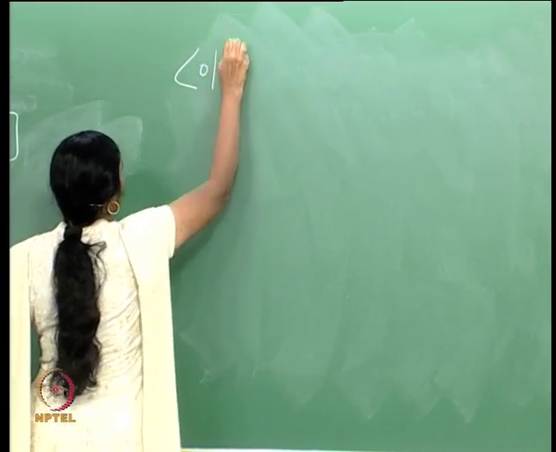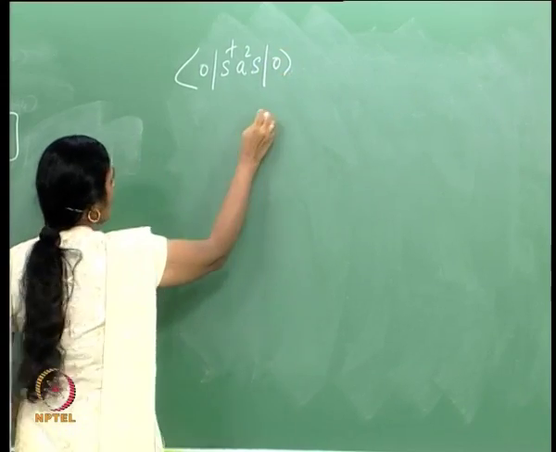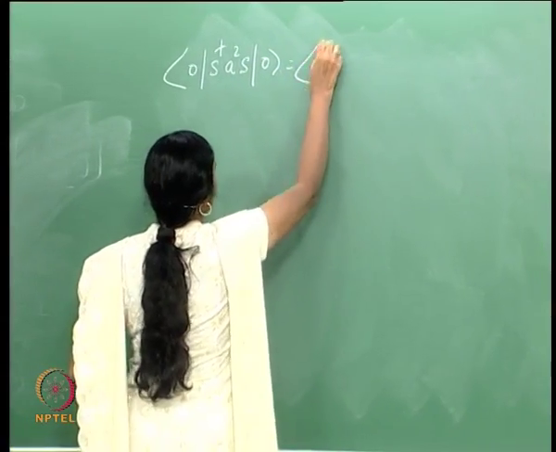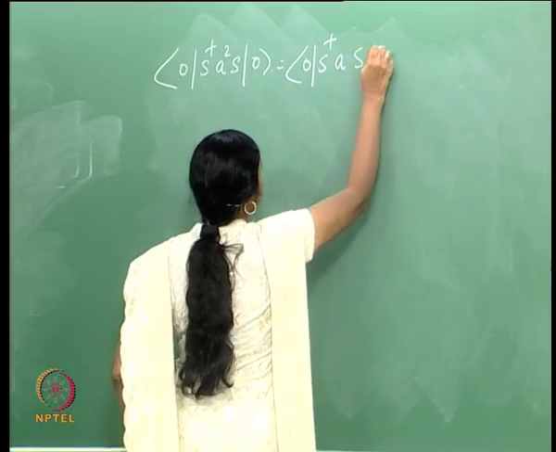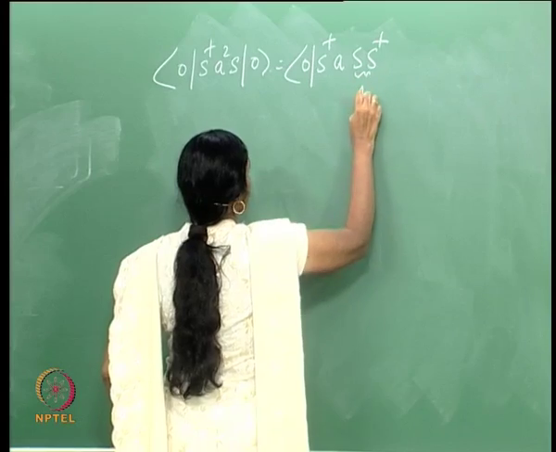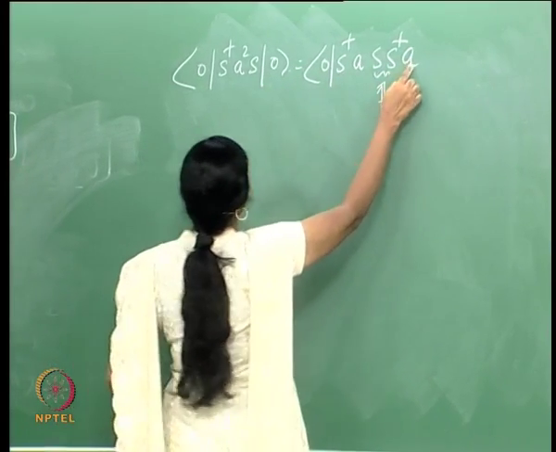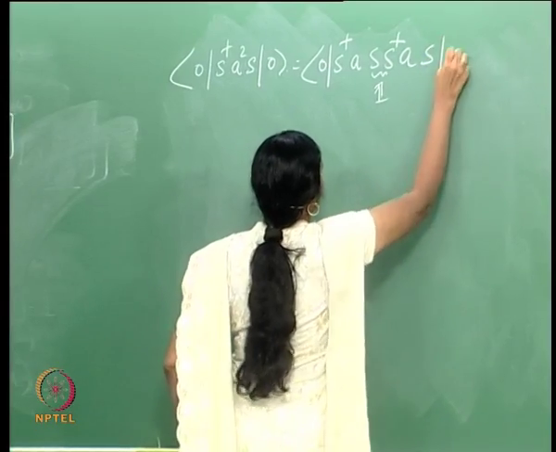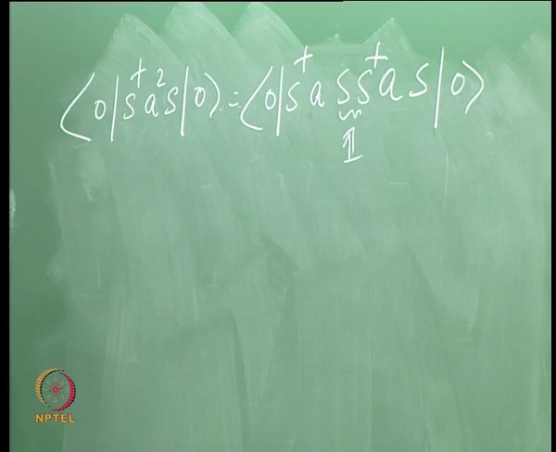Now, 0 S dagger A squared S acting on ket 0 can be written as 0 S dagger A, and I can insert an S dagger S because this is the identity, then A S ket 0. A squared was written as A times A, but I know what S dagger A S is.